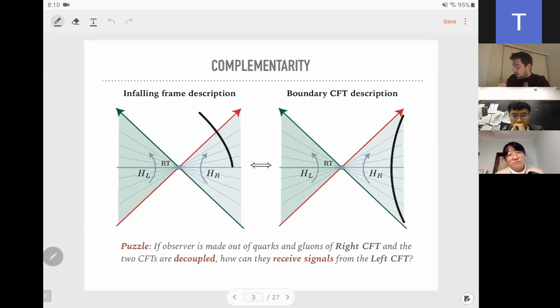And now, of course, we will ask these questions in the context of AdS/CFT, where we have a boundary description. We have a CFT that supposedly describes the entire system. But the CFT describes the system from the black hole from a distance, from the asymptotic boundary. And from that distance, the black hole looks like an ordinary thermal quantum system.